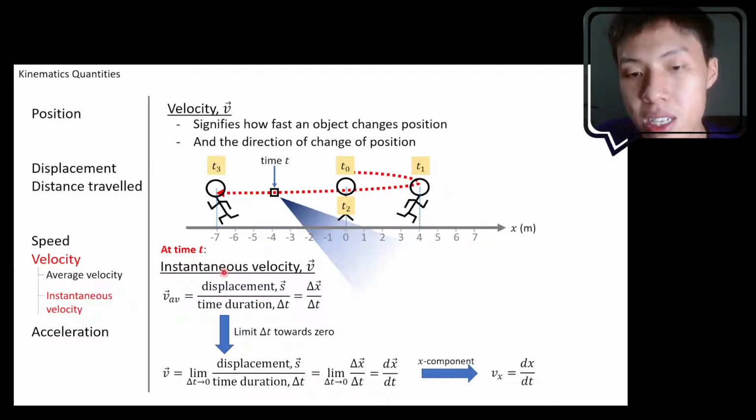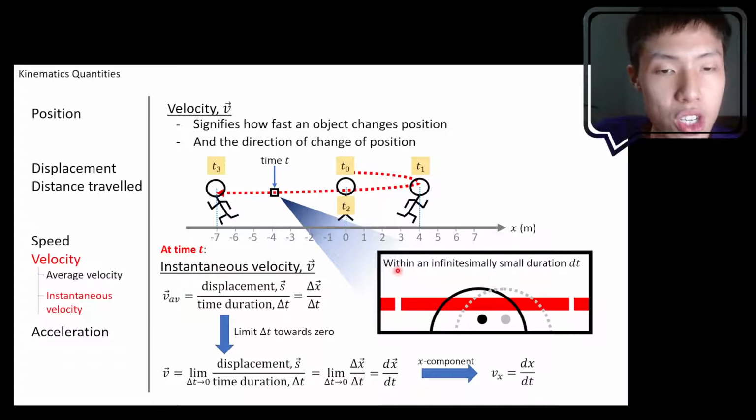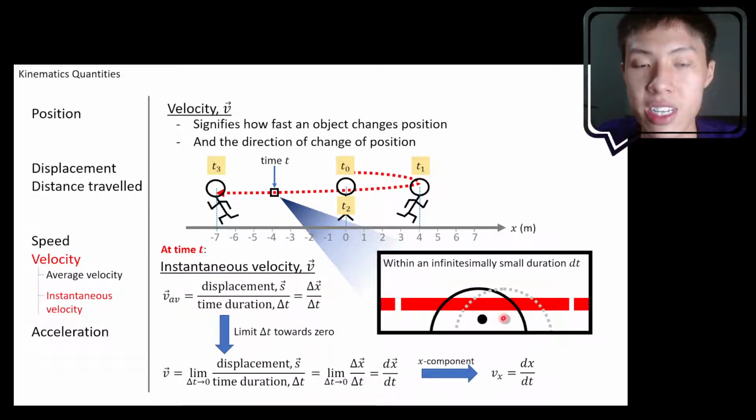When we talk about instantaneous velocity, we focus on the specific moment that we are interested in, in this case the time t. We check that infinitesimally small duration, and what is the change in position that happens to the object, in this case the person.